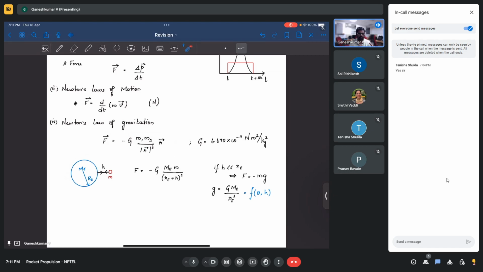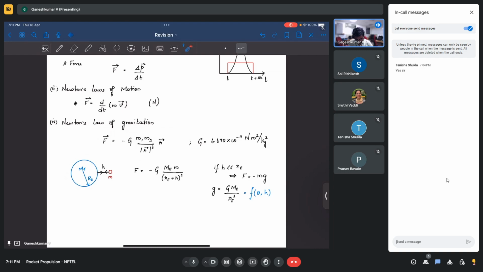Newton's law of gravitation is universal, but this formula is for two bodies. You can extend it for n bodies, and it soon becomes a chaotic system, and you may need to restrict yourself to numerical methods to solve the problem and get your results.